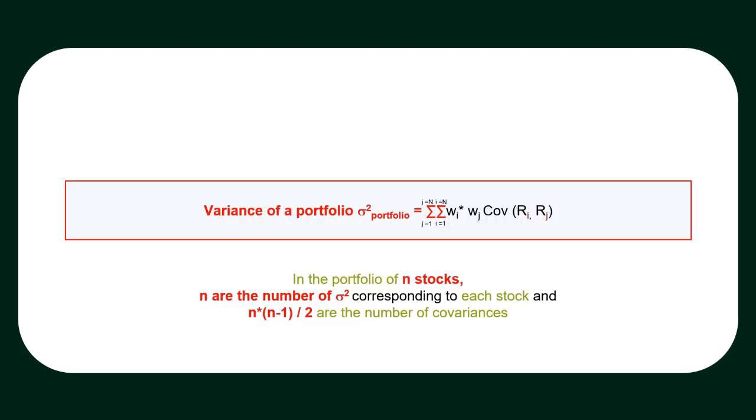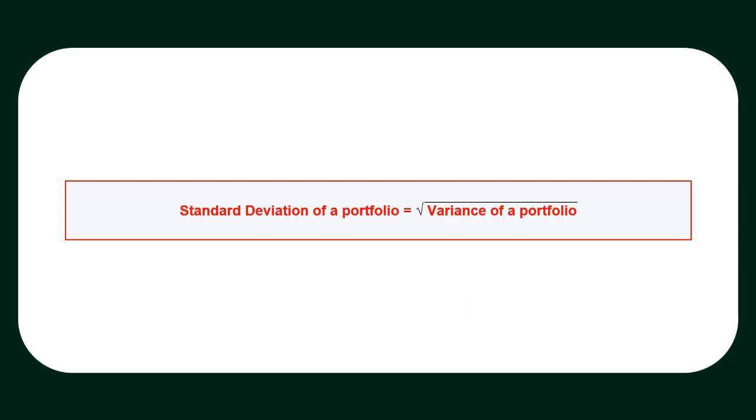In general, in the portfolio of n stocks, n are the number of standard deviations corresponding to each stock, and n multiplied by n-1 divided by 2 are the number of covariances between each pair. The count of covariances could be calculated by using permutation and combination concept, which we have explained in a separate session. Now let's move to standard deviation of a portfolio, which is a square root of variance of a portfolio.